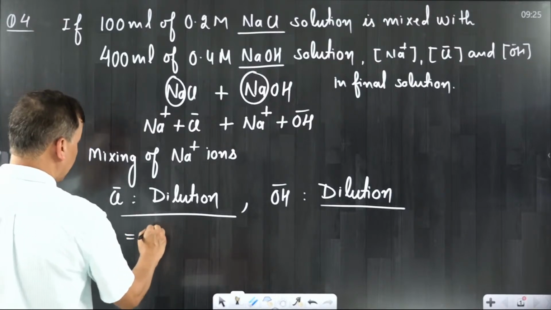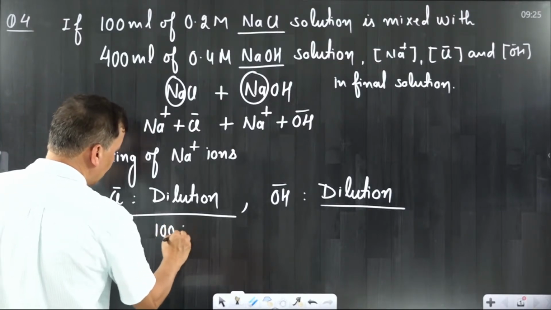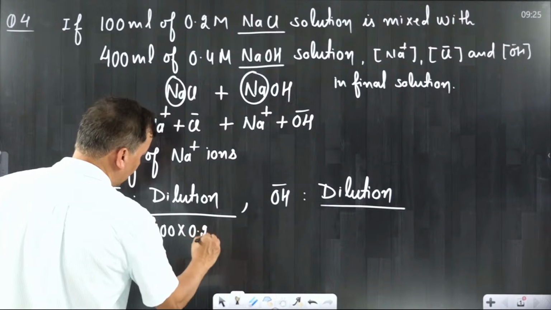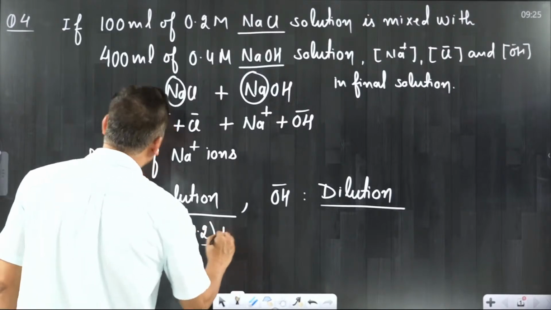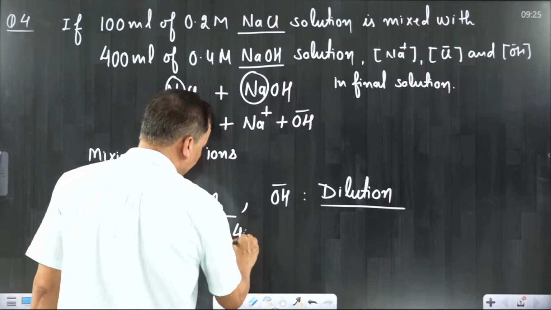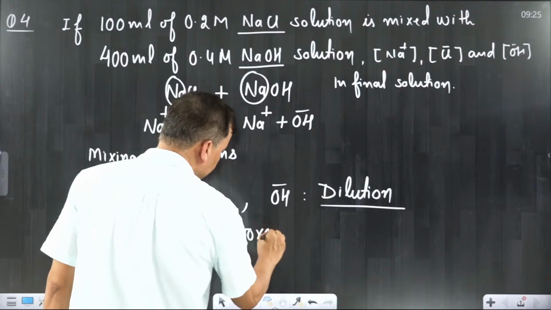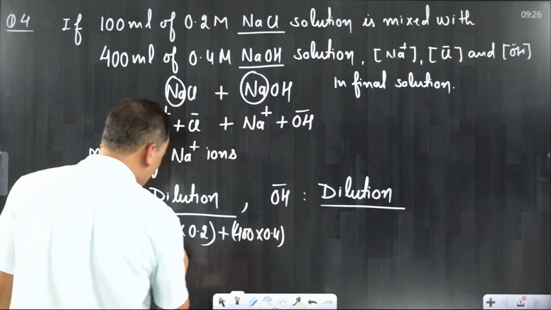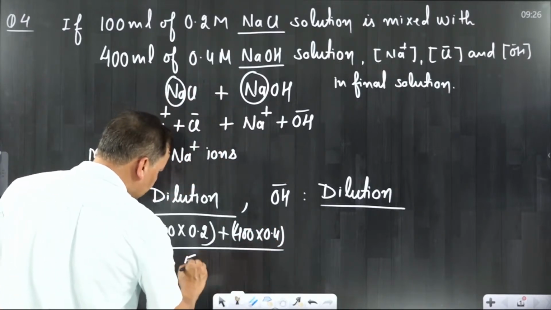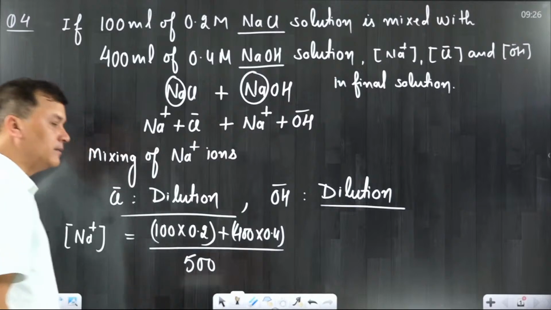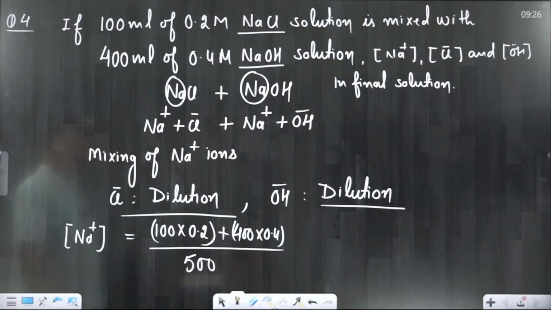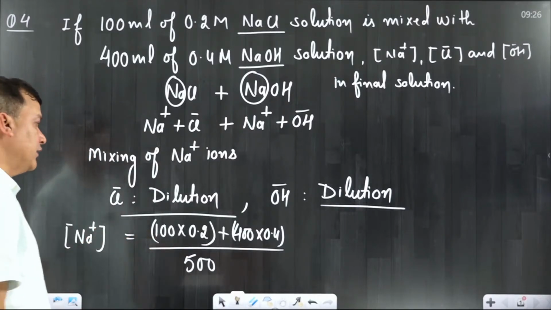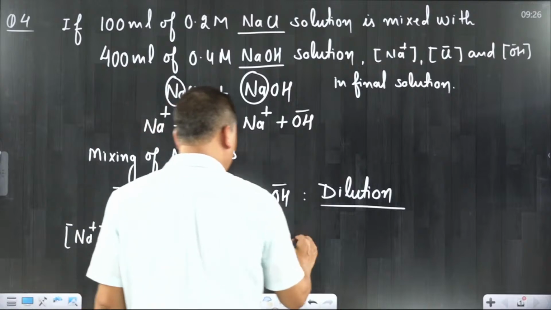Here I am writing 100 into 0.2 plus next one is 400 into 0.4 and total volume is 500 ml. Is that clear? We are applying for which one only? That is for sodium ion.